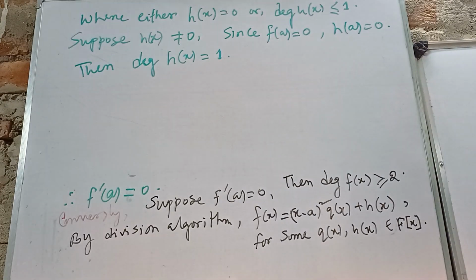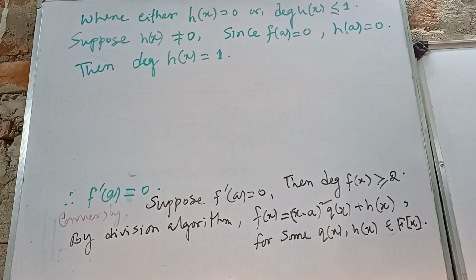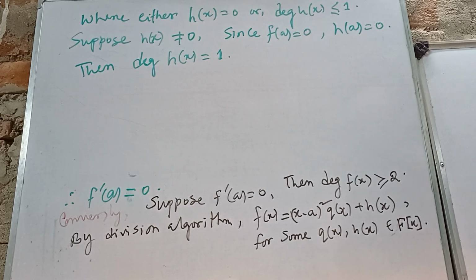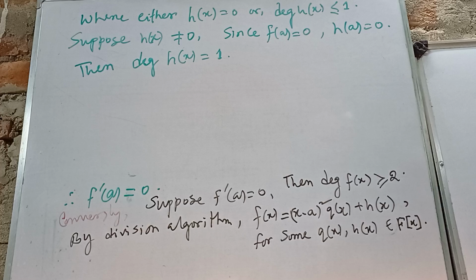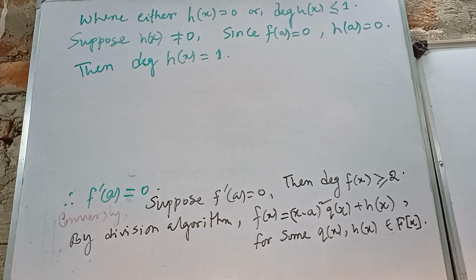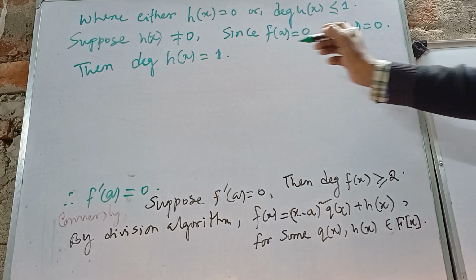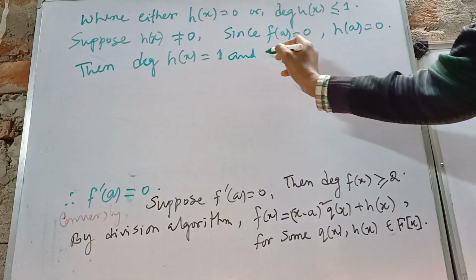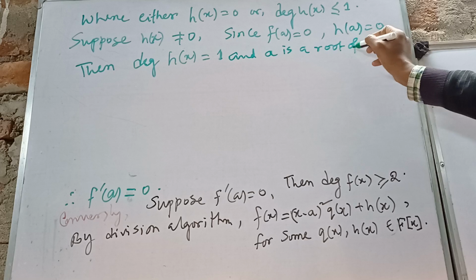If h(x) not equal to 0 and h(a) equal to 0, then degree of h(x) equal to 1, and a is a root of h(x).